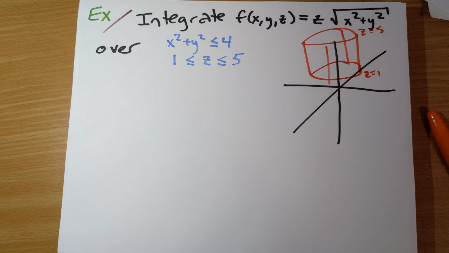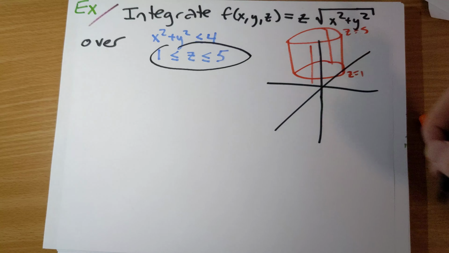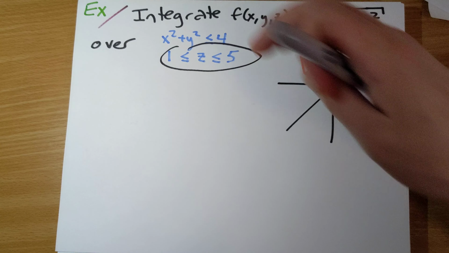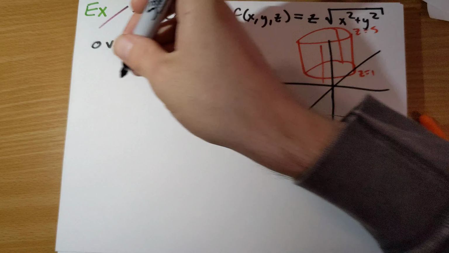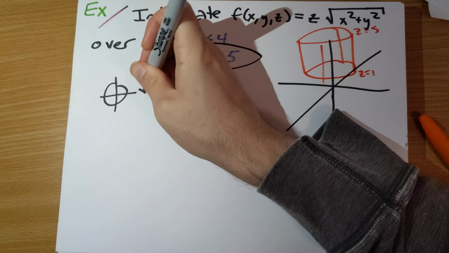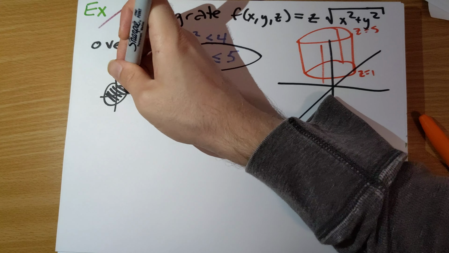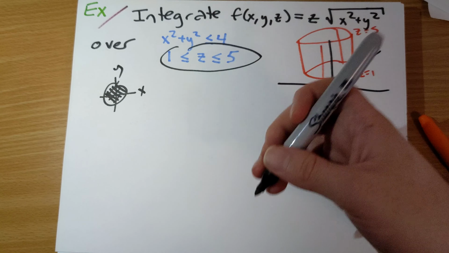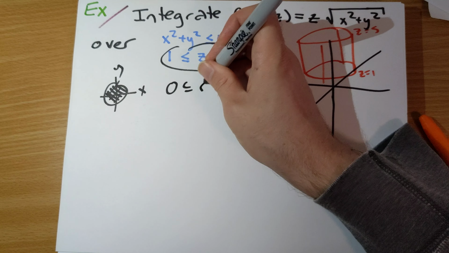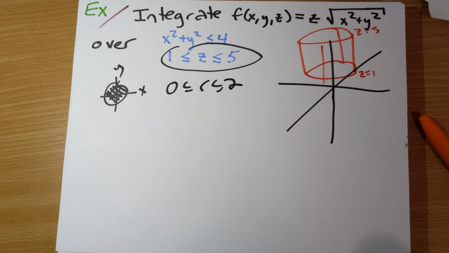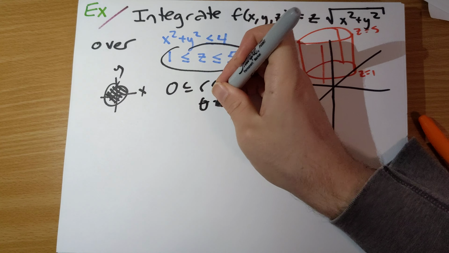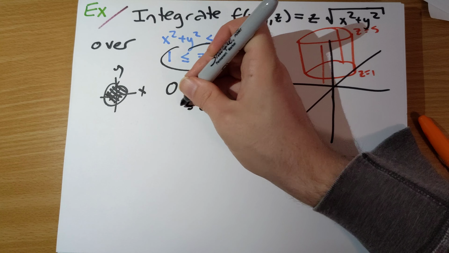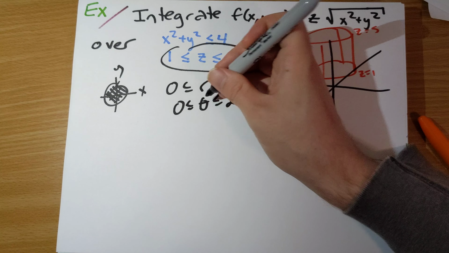Well, we already have z runs from 1 to 5. X squared plus y squared is less than or equal to 4 in the xy plane. That's just a circle of radius 2. So r can be anything from 0 to 2, and we're going all the way around the circle. All of our bounds here are constant. Theta runs from 0 to 2 pi.